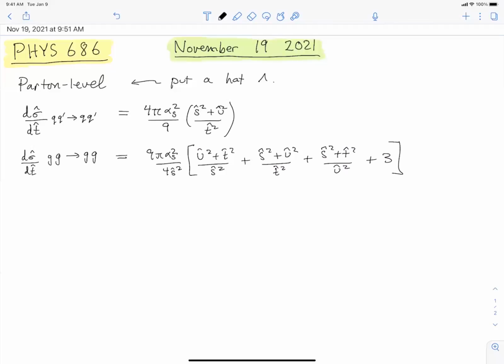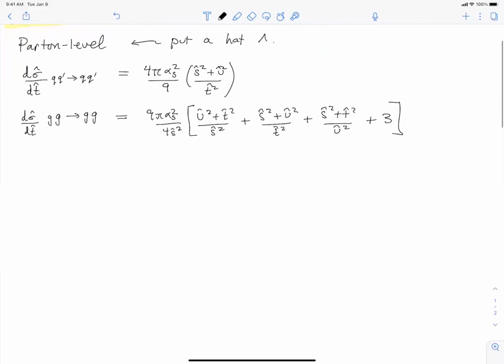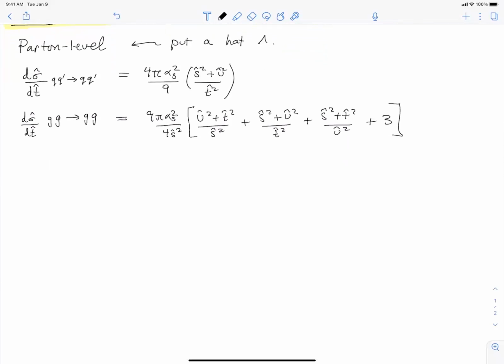Suppose we now scatter, for example, a proton and antiproton, and we get out some hadrons. Or we could scatter two protons together and get hadrons.